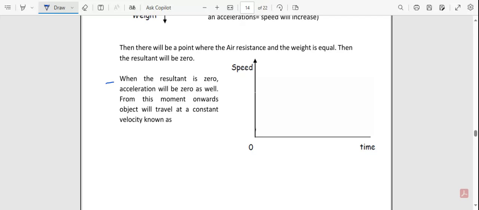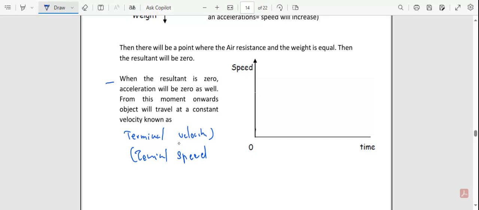When the resultant is zero, the acceleration will be zero as well. From this moment onwards, the object will travel at a constant velocity known as terminal velocity, or we can say terminal speed, right?